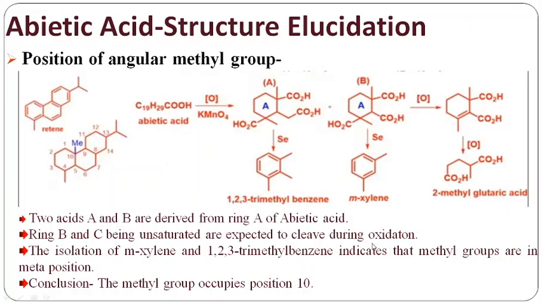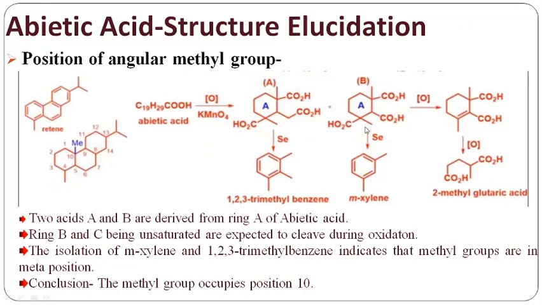That means the double bonds are not present in ring A, but they are present in rings B and C. This is ring A, this is ring B, and this is ring C. The third very important conclusion: the isolation of metaxylene and 1,2,3-trimethylbenzene indicates that methyl groups are in the meta position. One methyl group, we have already assigned the position here. One methyl group arises from this oxidative degradation, and the third, this is the position of the angular methyl group. Here it is.